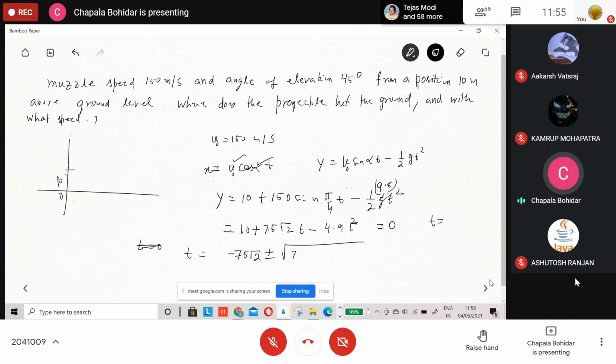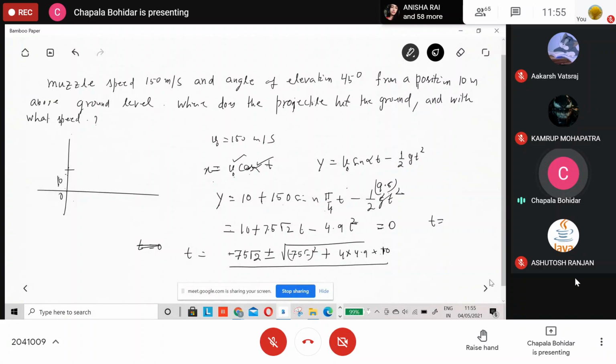So it is 75 minus, it is root 2 square minus 4 into 4.9 into 10, then plus, divided by 2a.